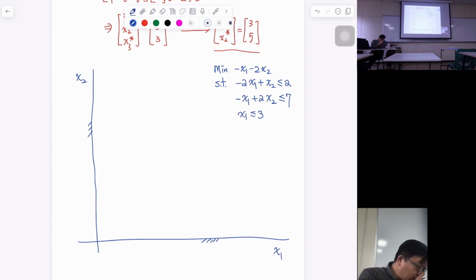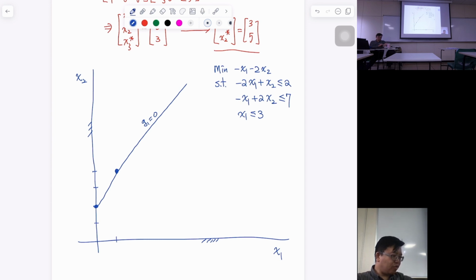Then let's take a look at the first constraint. It's 2x1 plus 2. So here is 2, and 2x1 is 4. So this is actually your G1 equals 0.